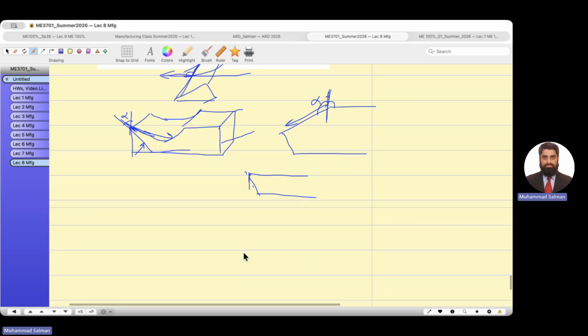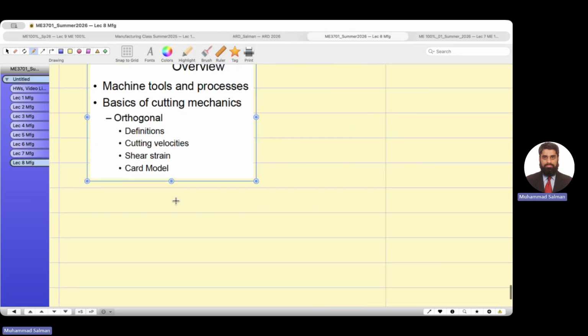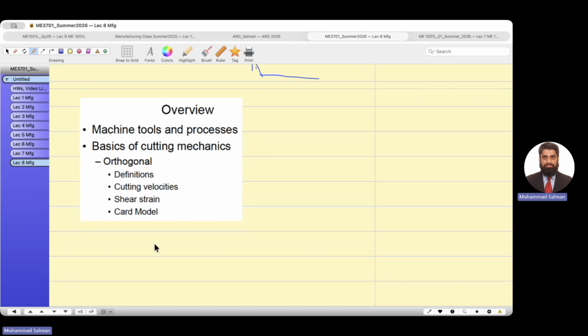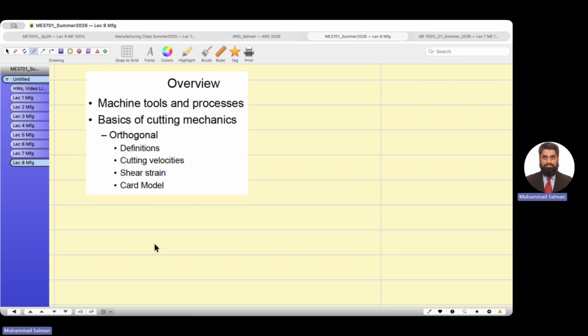Okay, let me show you some of the operations which you'll be performing here. You see the basics of cutting mechanics, orthogonal, and you will be working with me, and you will be finding the MRR, material removal rate. And how do you find it? Suppose I give you one picture. Suppose it's a turning process, okay?